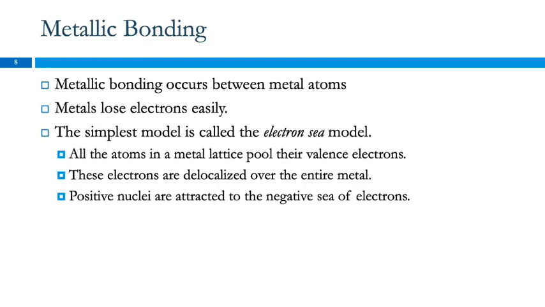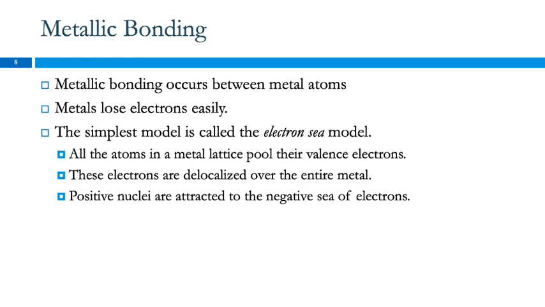The simplest model for metallic bonding is called the electron sea model. And the idea here is that all the atoms in that piece of metal are arranged in a lattice, a three-dimensional pattern. They're all going to pool their valence electrons. It's like, okay, well, here are my valence electrons that if I was interacting with a nonmetal, I would transfer to the nonmetal.